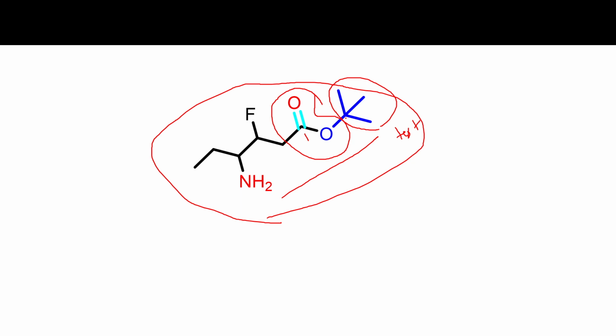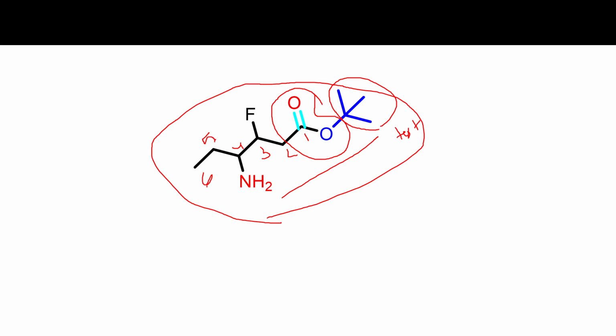This is the tert-butyl group, and we can start the numbering from this side: 1, 2, 3, 4, 5, and this will be 6. So what is the name? Anyone tell. Tert-butyl 4-amino-3-fluorohexanoate.